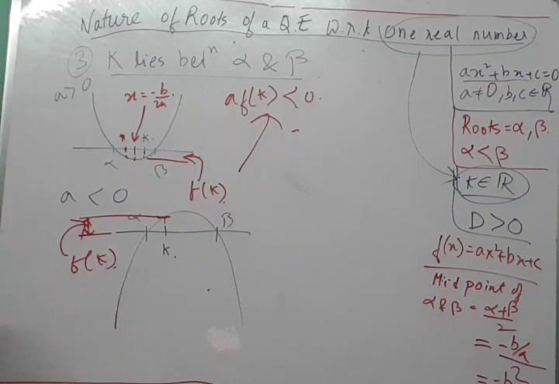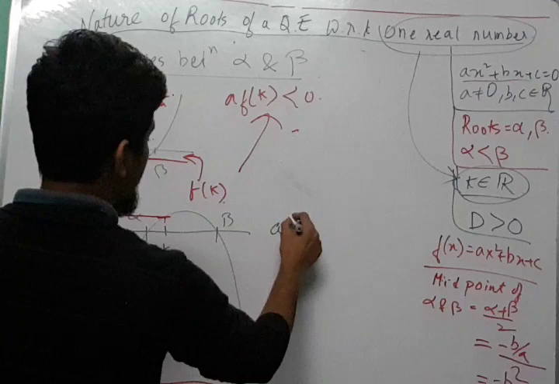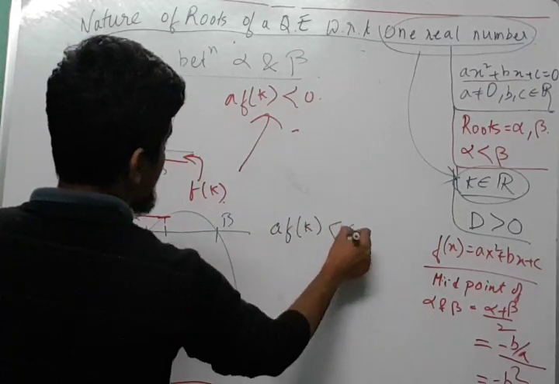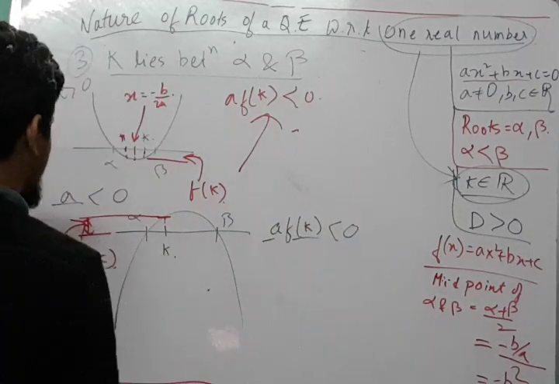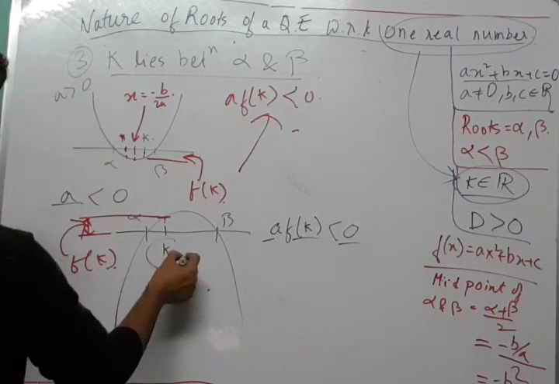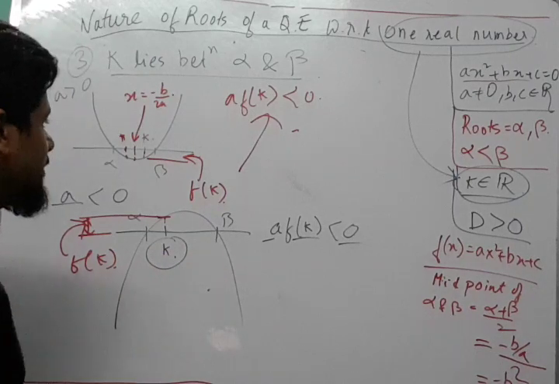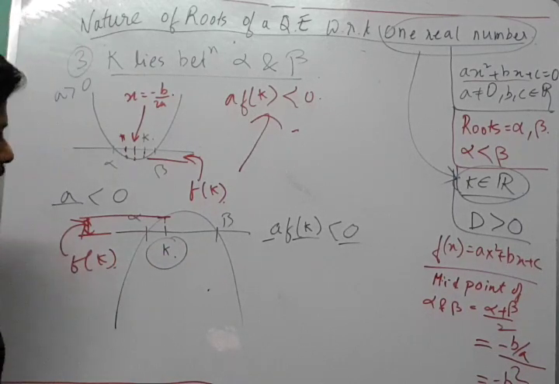So as you can see over here, fk is positive and a is negative. So if you multiply a into fk, it will be negative into positive, so this will be negative, which is less than 0. Similarly, we also cannot define the position of k, whether it will be on the right or on the left of x equal to minus b by twice a. So that condition is also not valid over here.